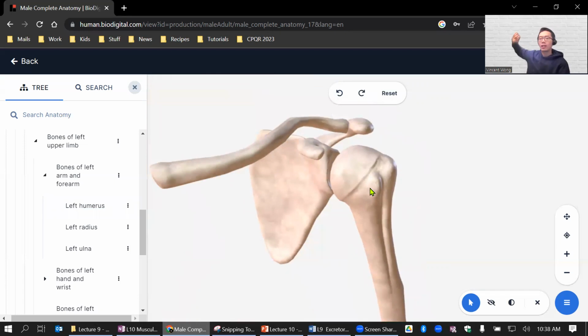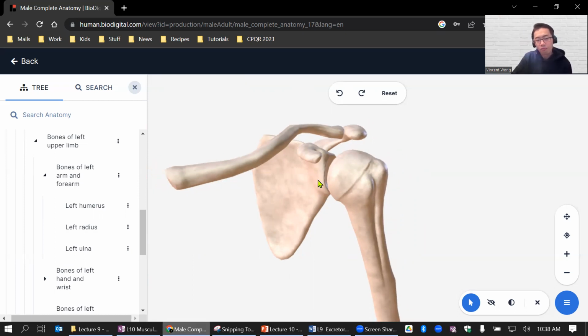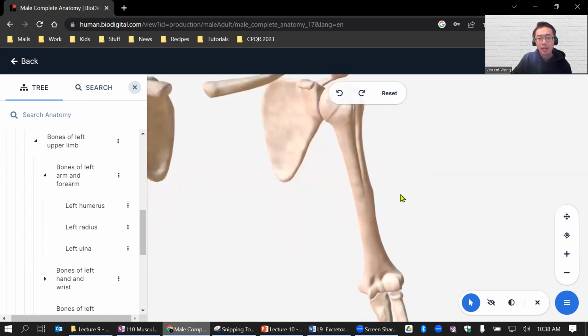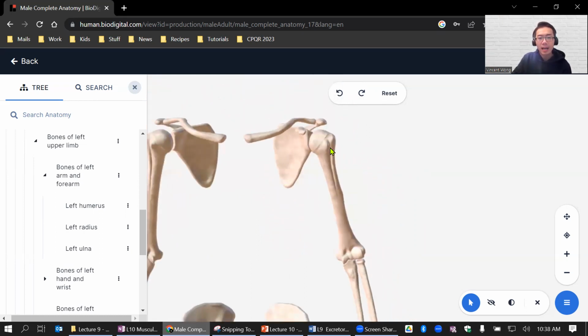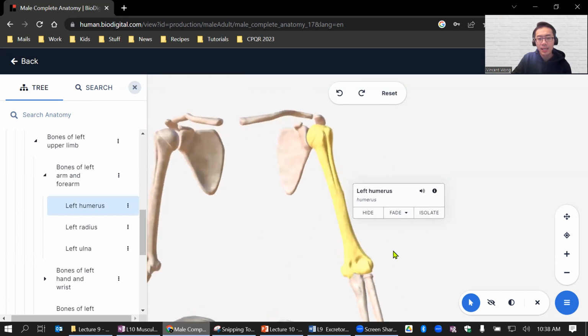Okay, so ball and socket is really wide range of motion, right? You can rotate, you can lift it up, you can pull it down, right? So that creates flexibility. Okay. So moving down, we have the humerus, the funny bone. Humerus.